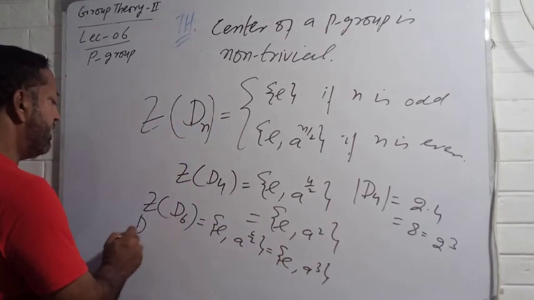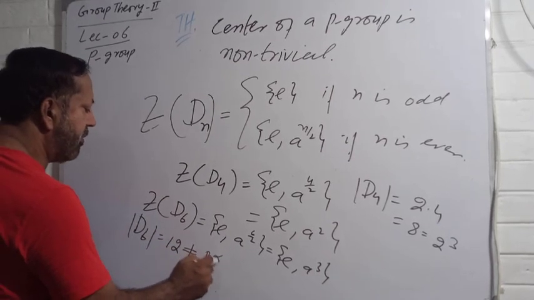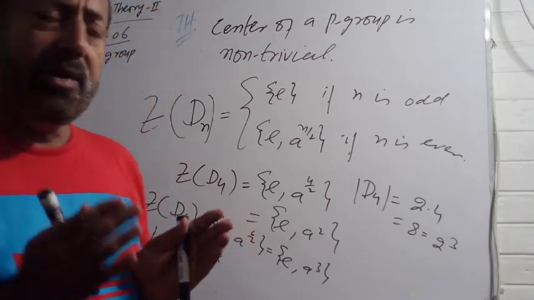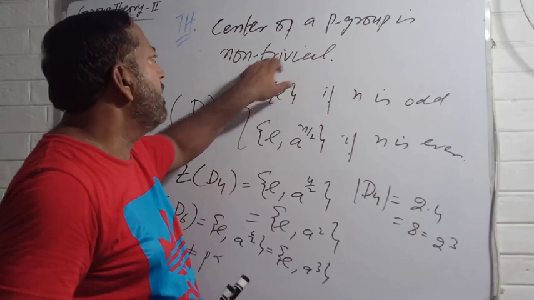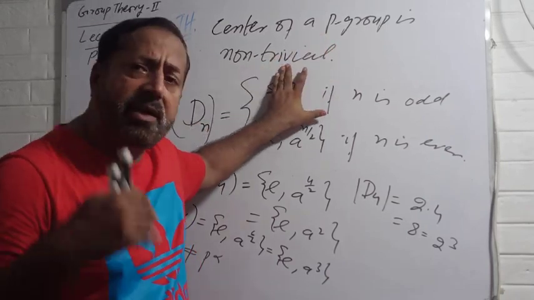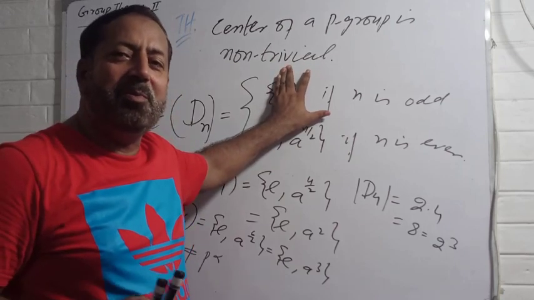But the order of D6 is 12, which is not equal to some p^alpha. So this is the counterexample. We are not saying that the center of a p-group is trivial. If G is a p-group, then its center is non-trivial. However, if the center is non-trivial, you can never say that it is always a p-group.